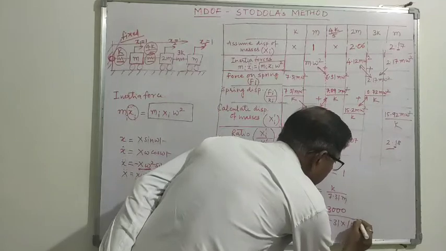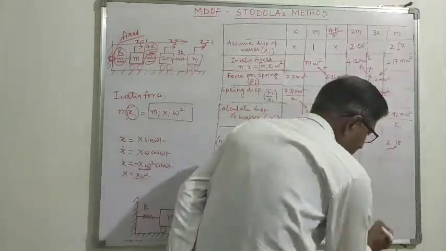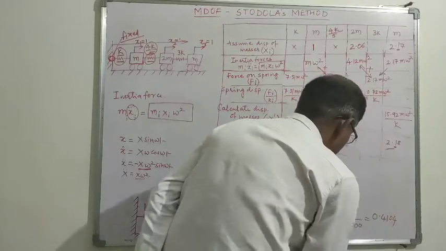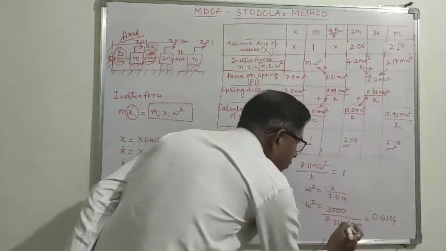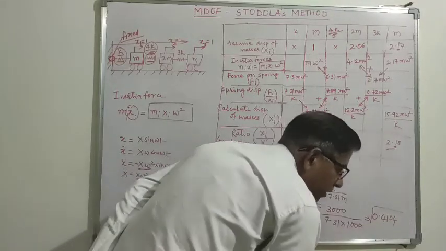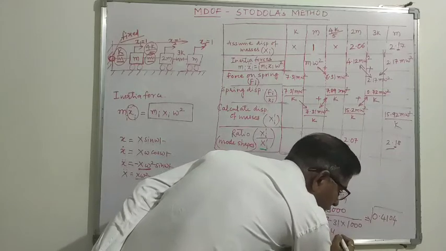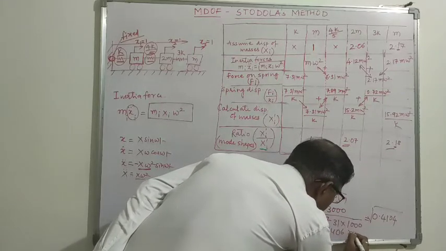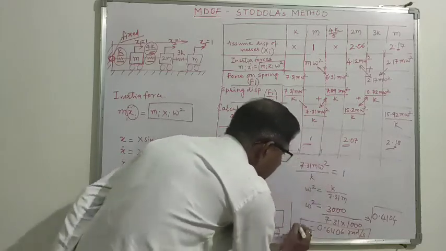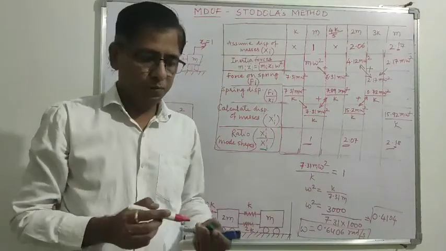So the answer comes out to be 0.4104. This is omega square, and if you take the square root of this, then omega comes out to be 0.6406 radian per second. So this is the first natural frequency of this system.